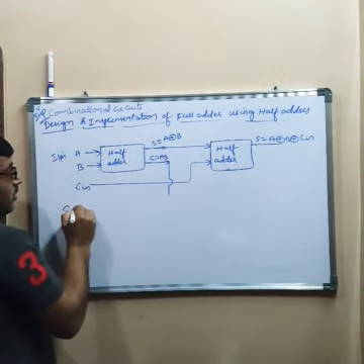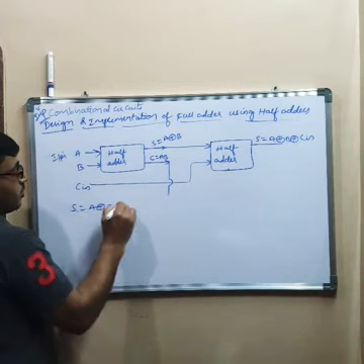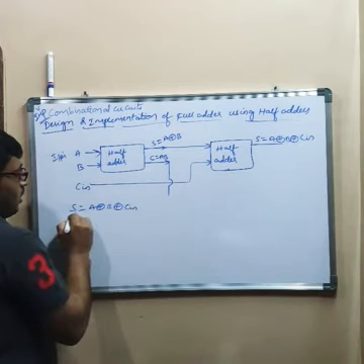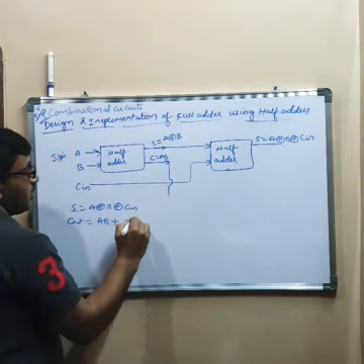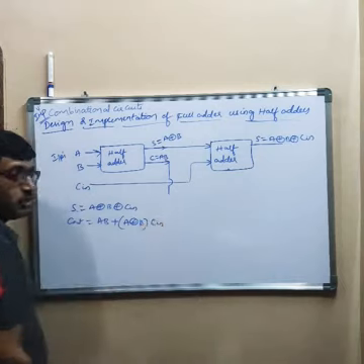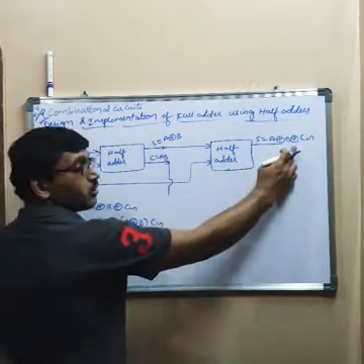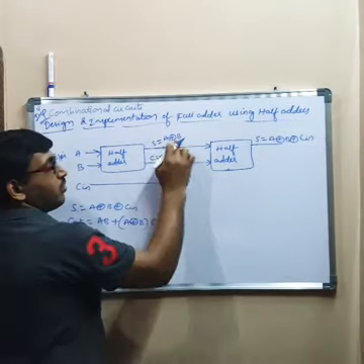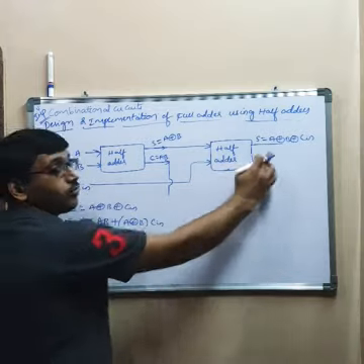What is the carry expression? We have S is equal to A XOR B XOR C in. C out is equal to AB plus (A XOR B) into C, right? We got this expression. This A XOR B output is connected as input to this, and one more input to this is C in.